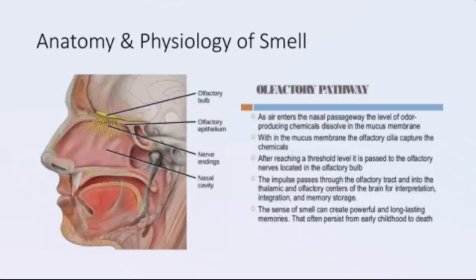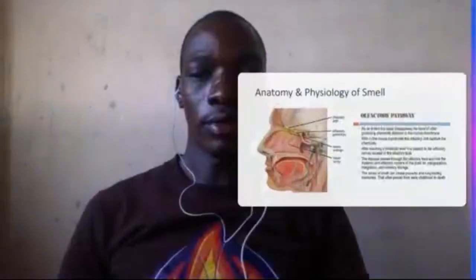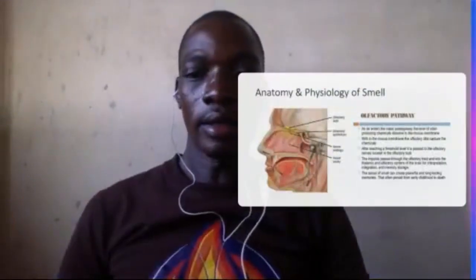The next is to talk about the sense of taste. Sorry, I'm getting tired. So the sense of taste happens in the mouth, and the organ for taste is the tongue.